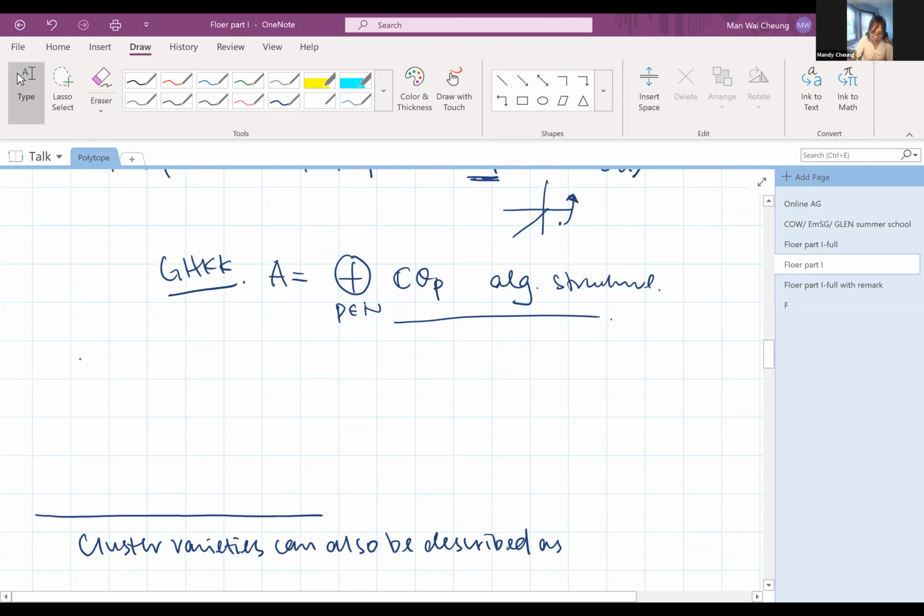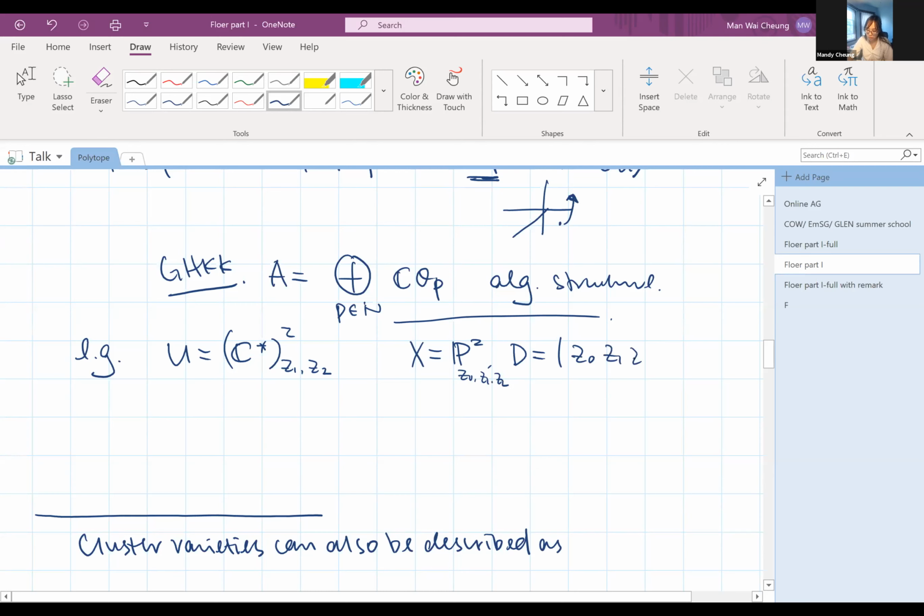And the very first example is example 0 or example 1, where I just consider a torus. I'm not doing anything. As in Julia's talk, what I'm thinking behind it is a log Calabi-Yau pair, which I take to be P2 minus C0, C1, C2, the zero locus of C0, C1, C2.